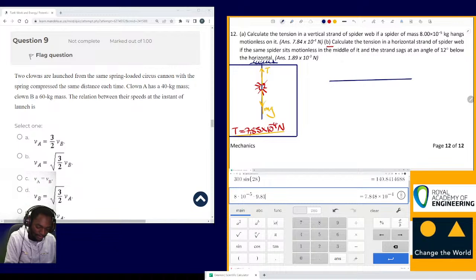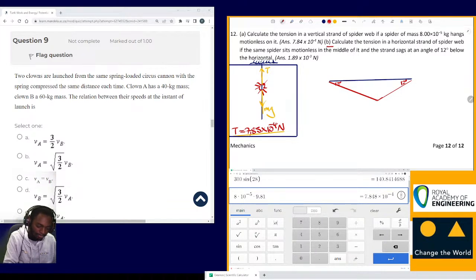So this is our horizontal, and this is our 12 degrees.